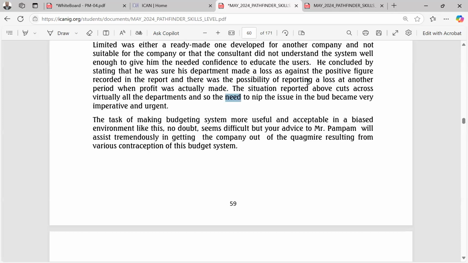The task of making the budget system more useful and acceptable in a biased environment like this, no doubt, seems difficult, but your advice to Mr. Pampam will assist tremendously in getting the company out of the quagmire resulting from various misconceptions of this budget system.